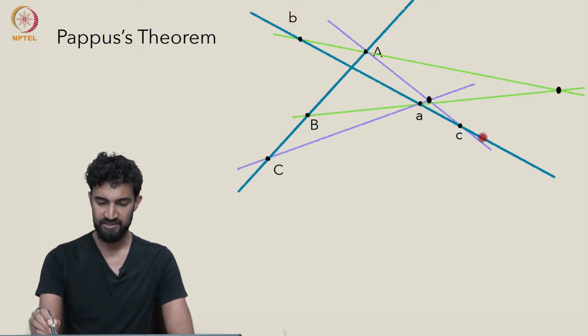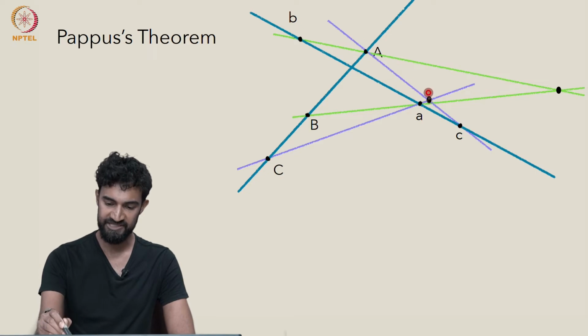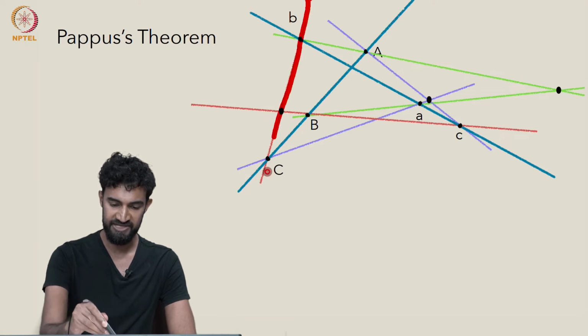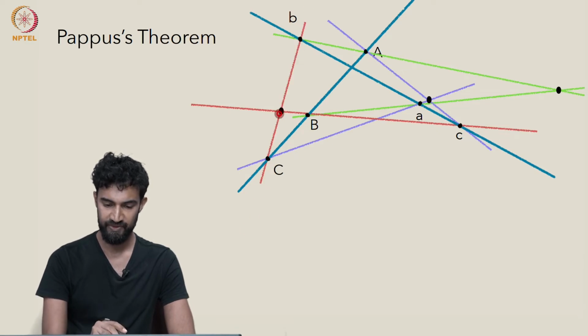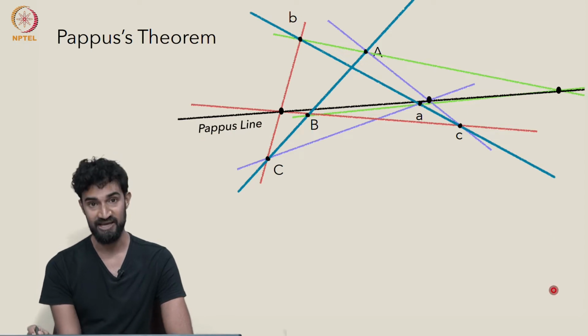We get that little a, c, and little c, a meet here. And finally, little c, b, and little b, c meet here. So this point and this point are indeed collinear again, and that's where the Pappus line is in this third case.